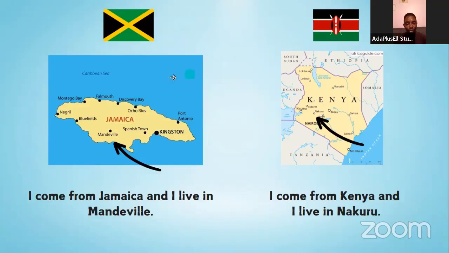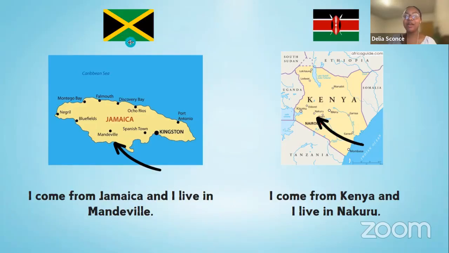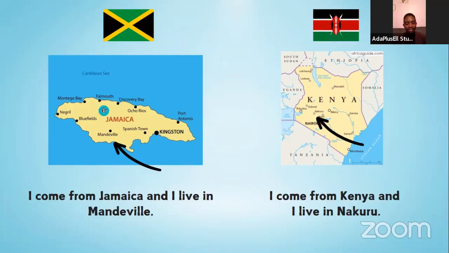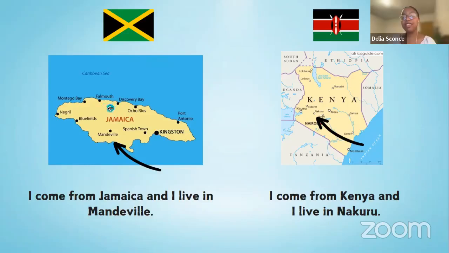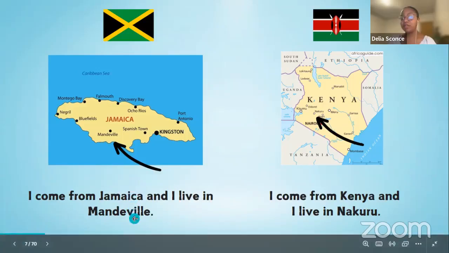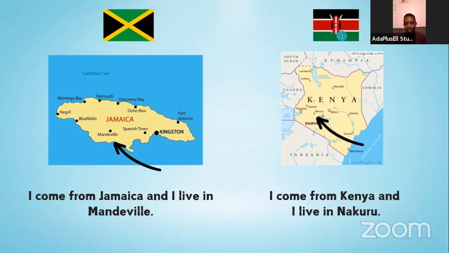How about this? The Jamaican flag is green, yellow, and black. And the color of Jamaica itself here is yellow. So Delia comes from Jamaica and he lives in Mandeville.